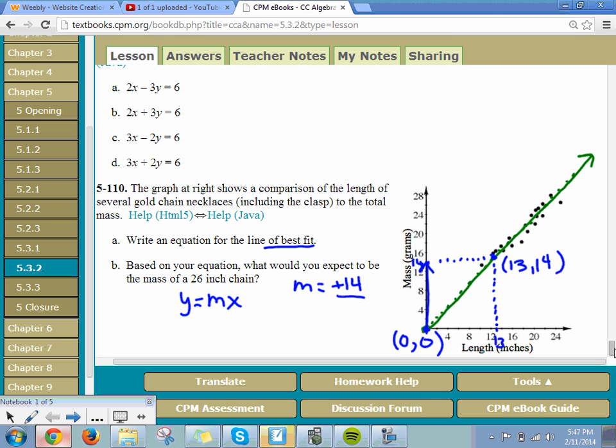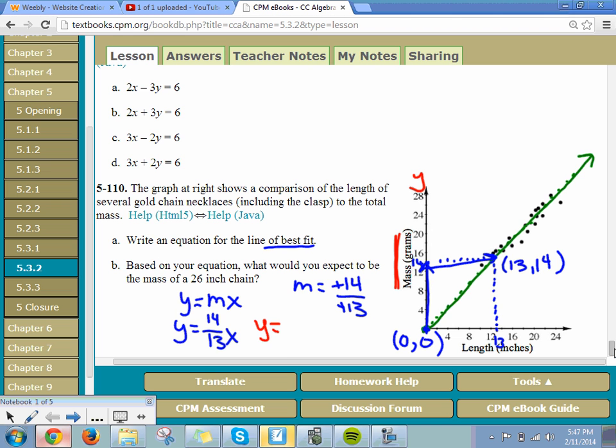So my change in y is that I had to go up 14 and then over to the right 13. So my equation is y equals 14 over 13x. You might have a little bit different numbers depending on the point you chose, but as long as we're picking 2 points, finding the slope between the two, and then solving.